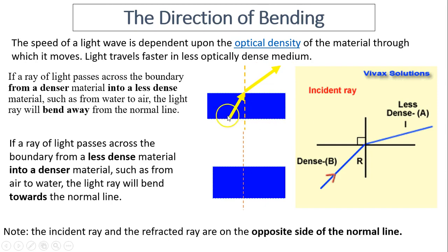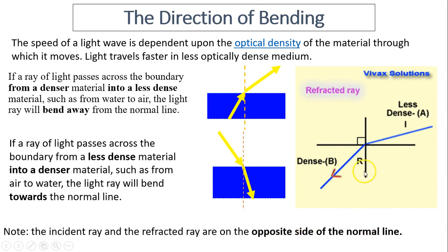This blue is denser, this one is less dense. If the ray passes from less dense to denser, you slow down, and as a result you bend toward the normal. Note the incident ray and refracted ray are again on opposite sides of the normal.